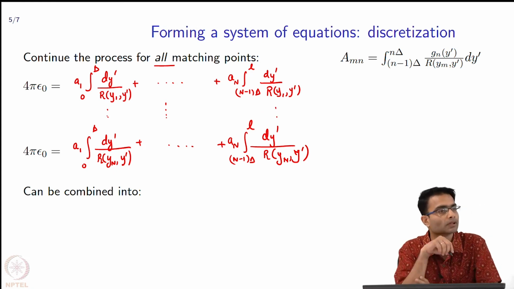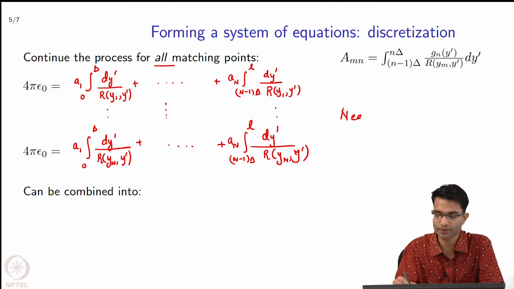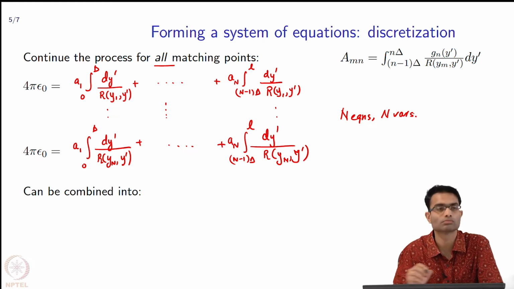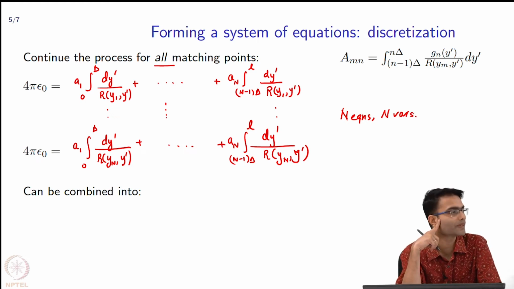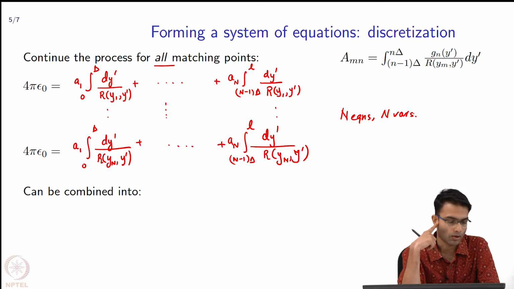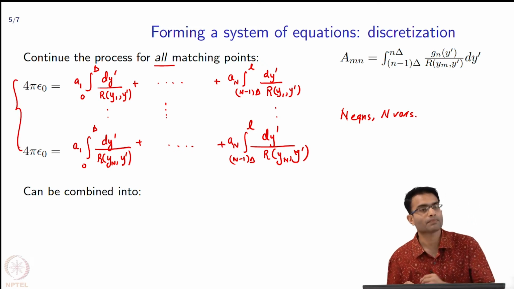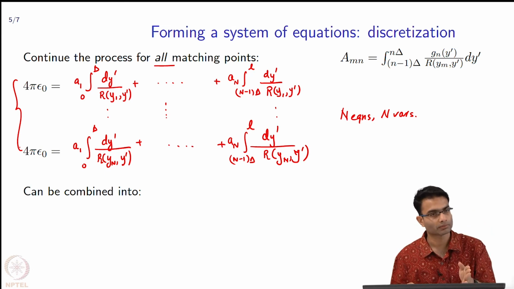So, now what we have done is we have got n equations in n variables. Seems like something we can solve, right. If we do it systematically, all of these guys on the left hand side can be made into a column vector, right.